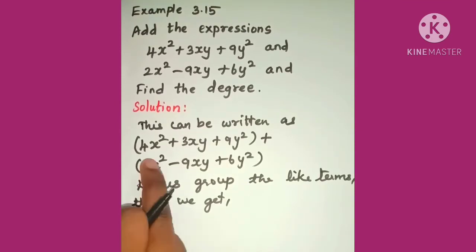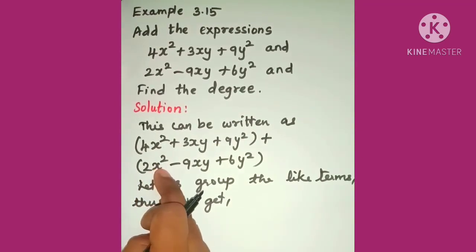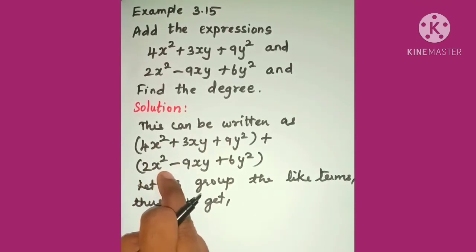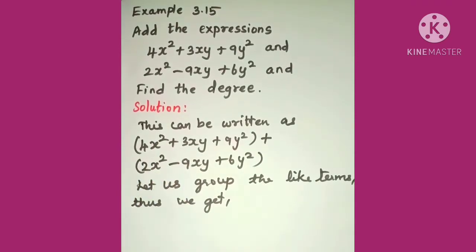So here 4x square and 2x square are the like terms in x square, and 3xy and minus 9xy are the like terms in xy, and 9y square and 6y square are the like terms in y squared. So group them.